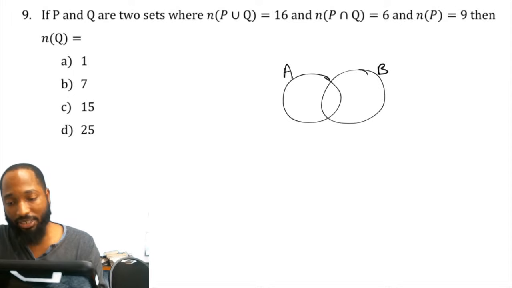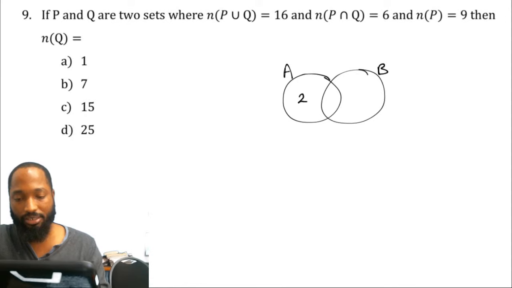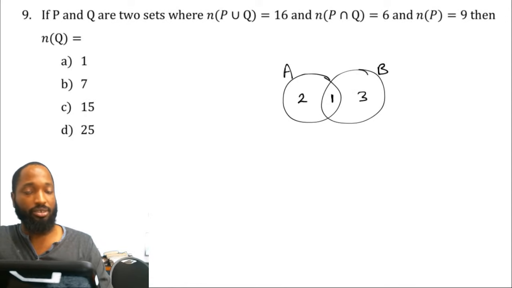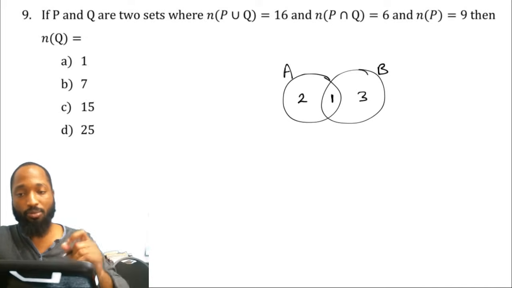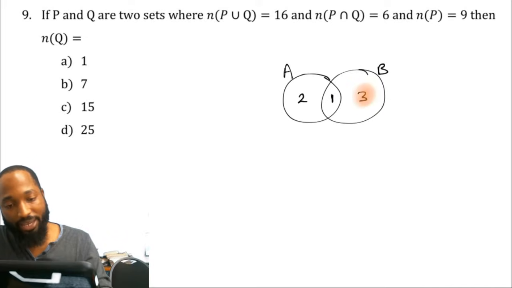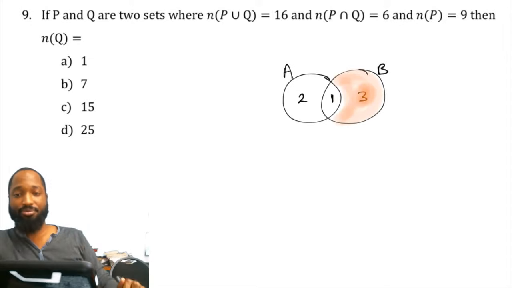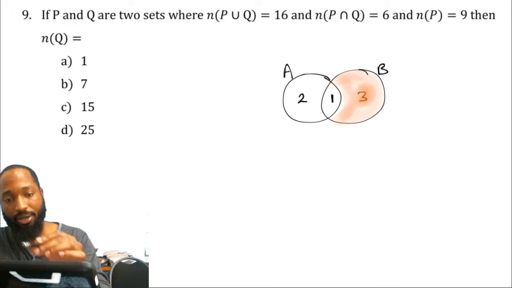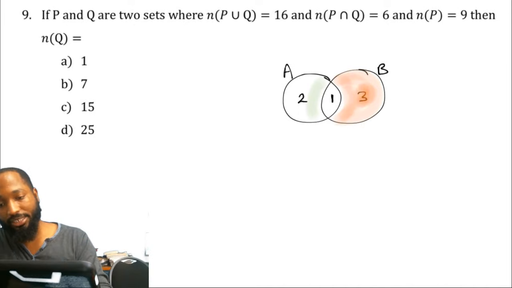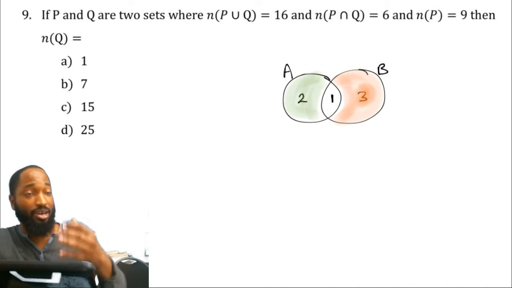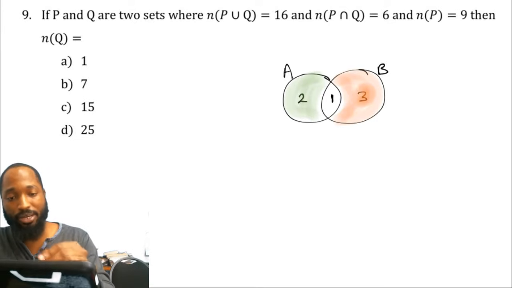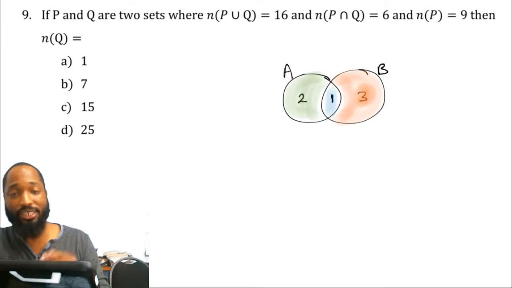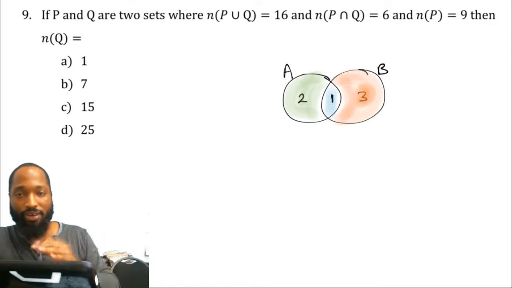And let me say I want to use small numbers: 2 students in A alone, 1 student doing both, and 3 students doing basketball alone. When you put a number here, it means this is the number of students doing that alone. Now if you put a number in the middle, it means these students are doing both of them.